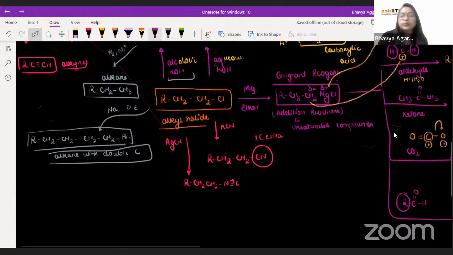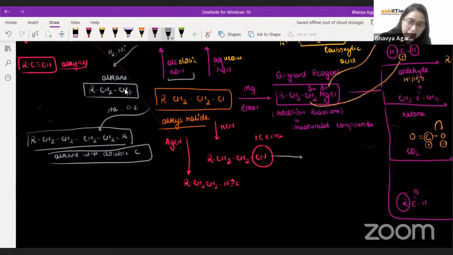Now, if you want to increase 1 carbon or 2 carbons, in that case, what you can do, you have a cyanide, right? If you use acidic hydrolysis in case of a cyanide, you have already increased 1 carbon. So it will give you a carboxylic acid again, but this carboxylic acid has 1 extra carbon.